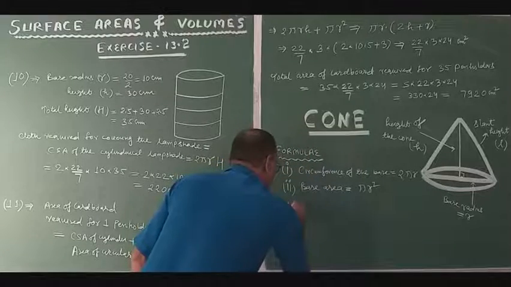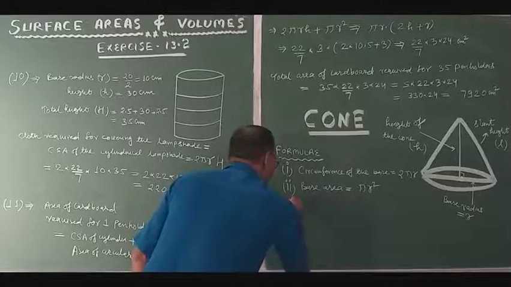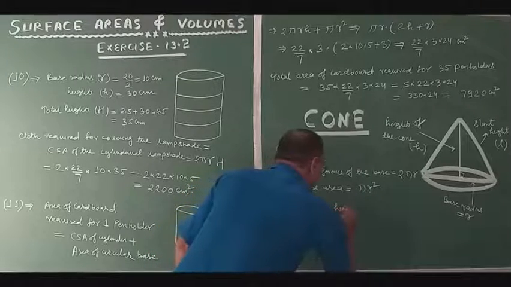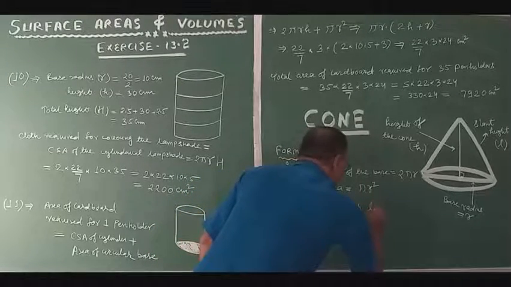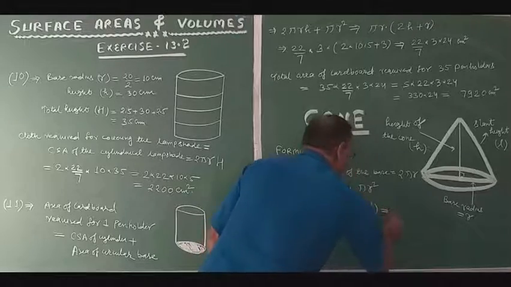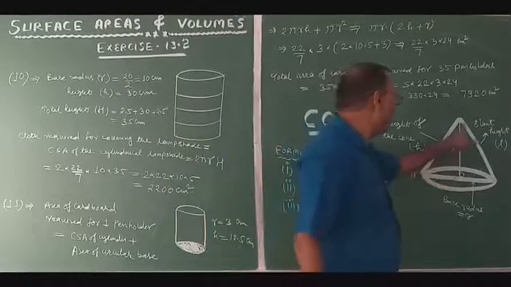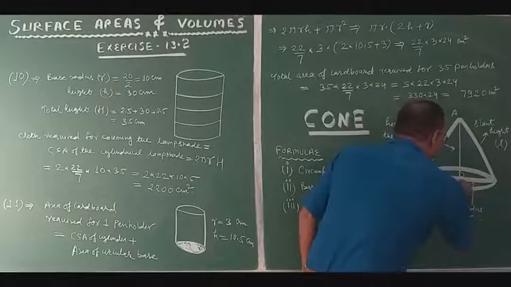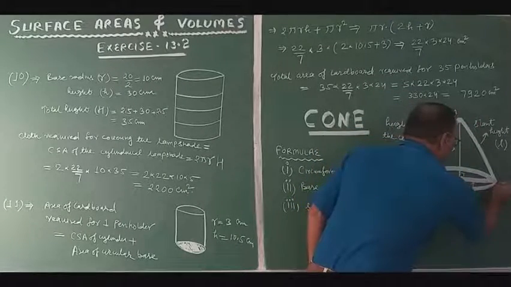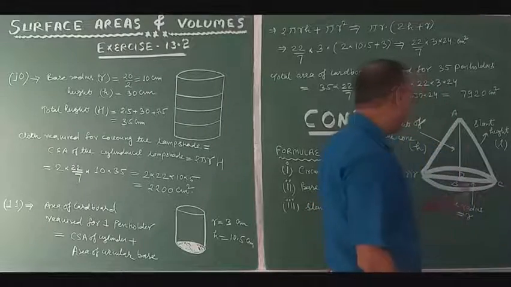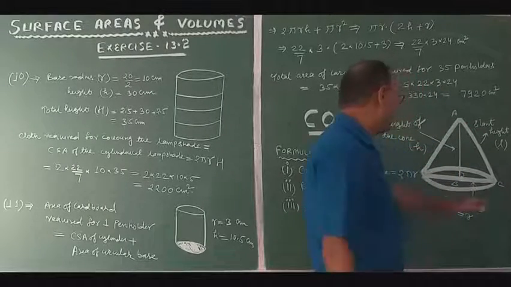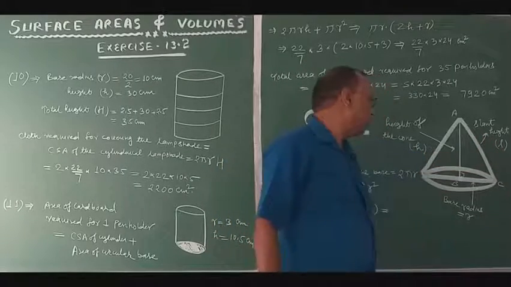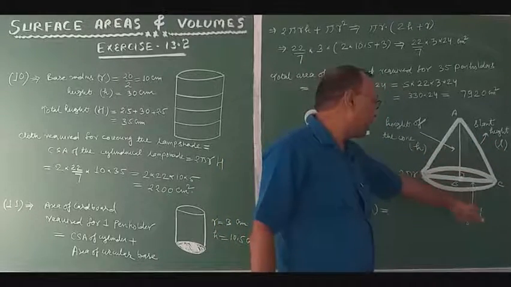The third one is the slant height L. Just look at this triangle. Suppose this is A, B and C. This is a right angle triangle, and we can use the Pythagoras theorem. So L square will be equal to H square plus R square.